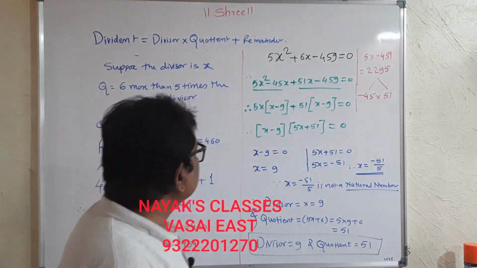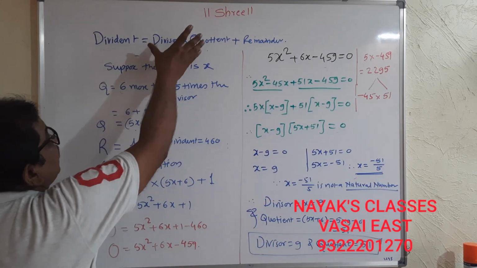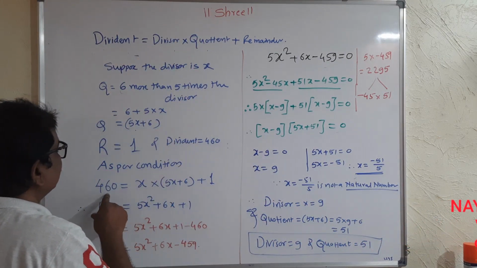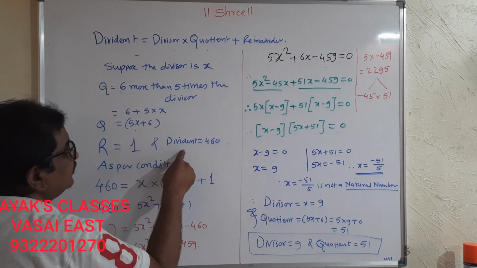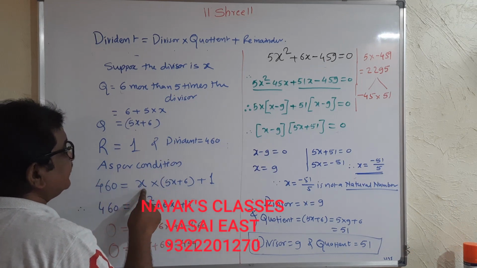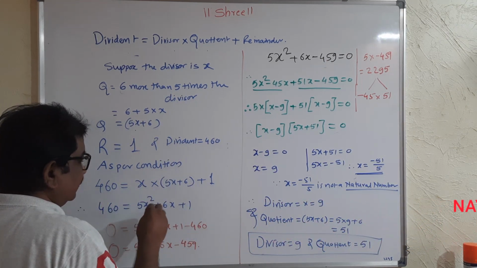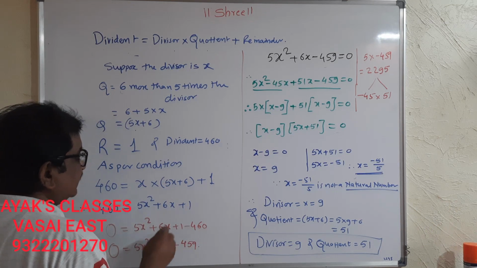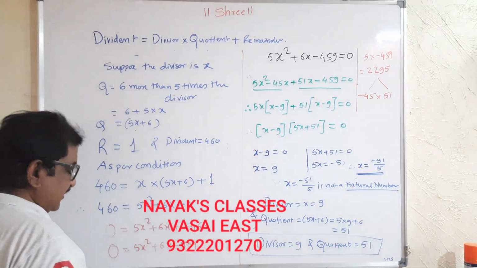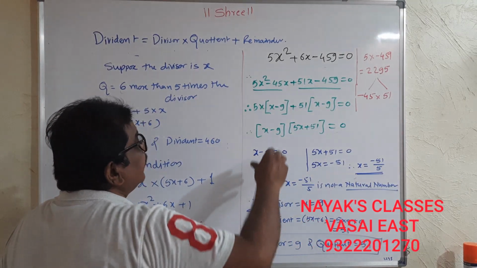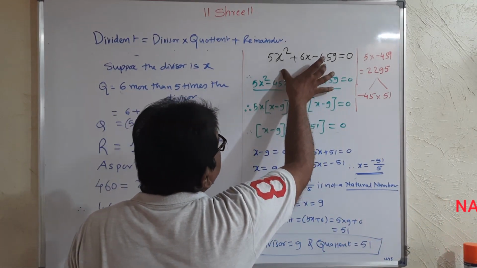Putting these values in this equation, we got 460, the dividend, equals x, the divisor, into quotient plus remainder. Then opening the brackets, adjusting and subtracting the things, we got the final equation, this one.